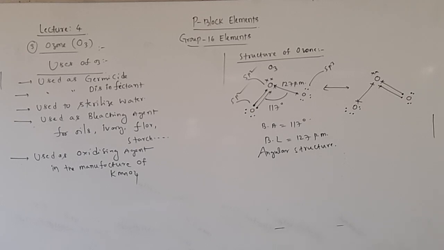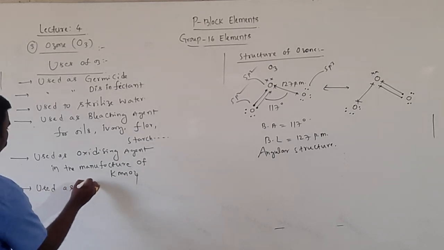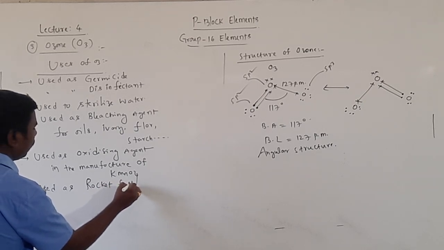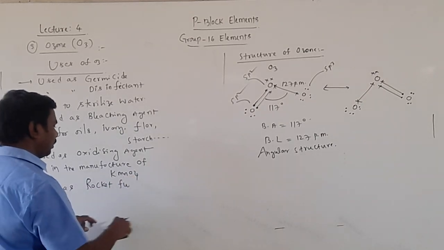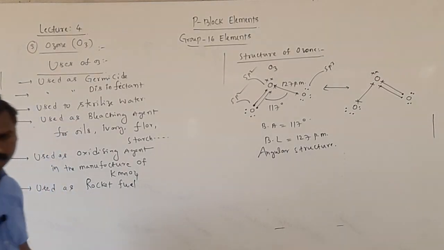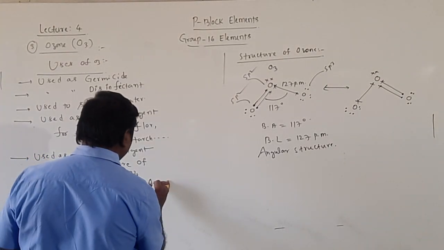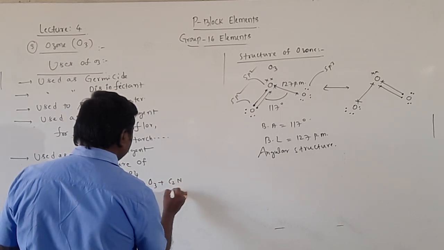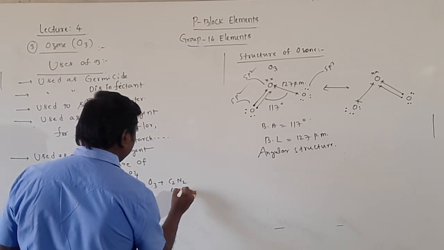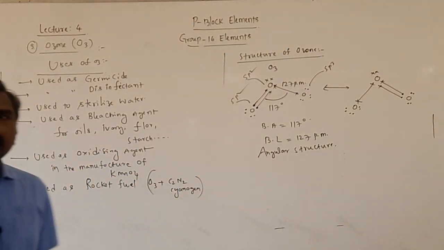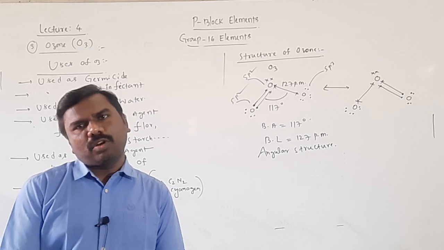Next, used as rocket fuel. The combination is O3 plus C2N2, and C2N2 is called cyanogen. This mixture is used as a fuel in rockets.